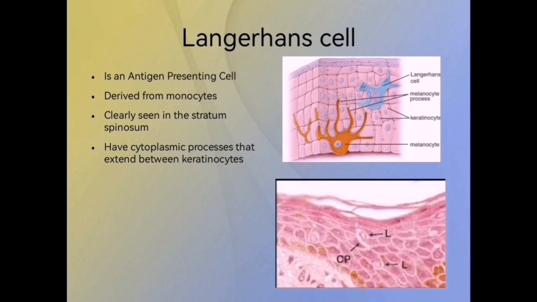We can identify Langerhans cells by their clear cytoplasm within or in between the cells of the stratum spinosum. These ones are Langerhans cells, in the stratum spinosum.